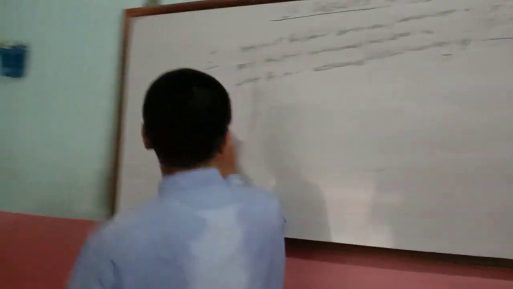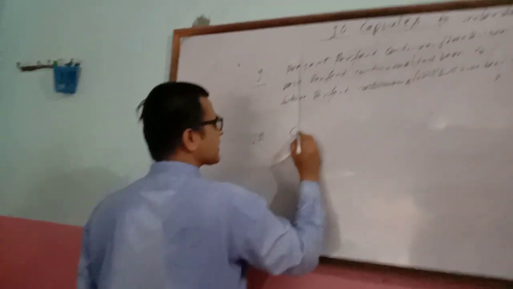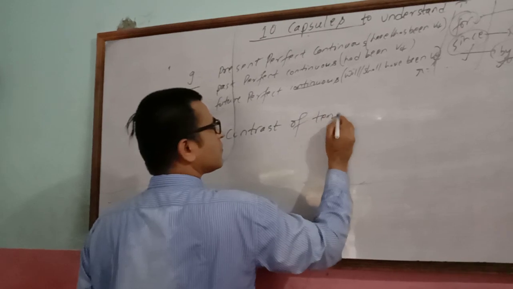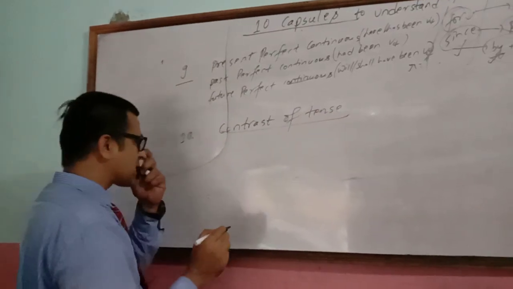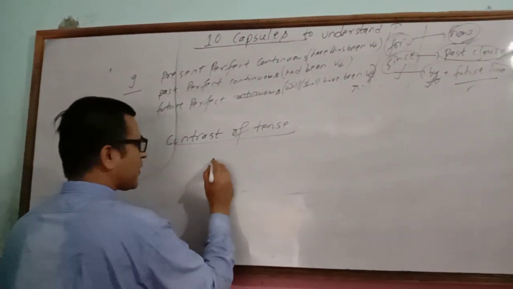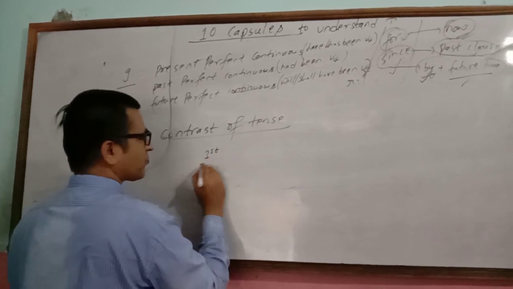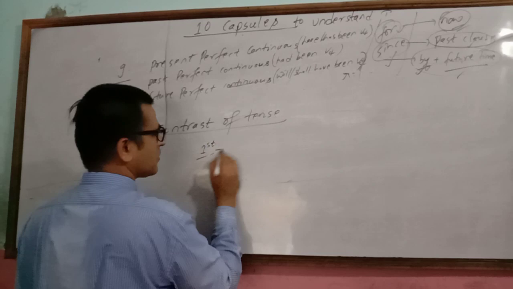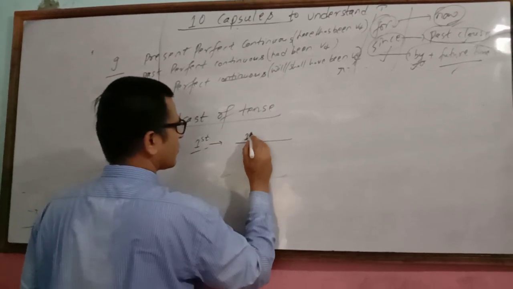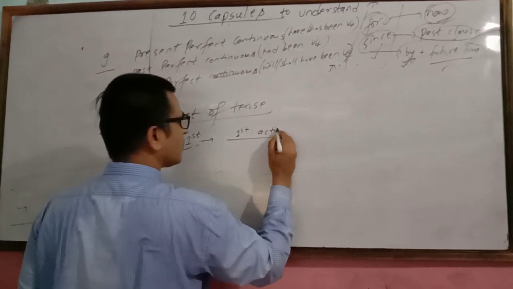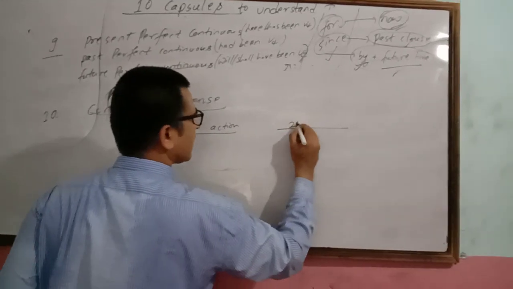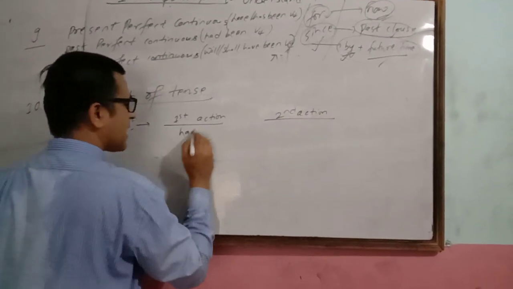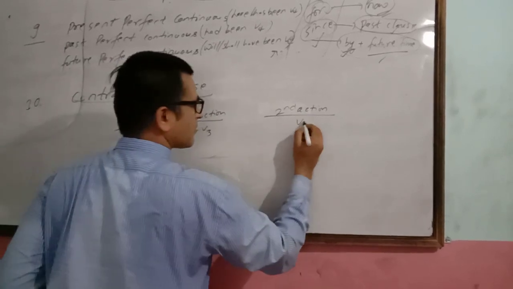Now last capsule, this is called the contrast of tense. Don't forget contrast of tense, very important thing. And we have 4 contrasts of tense. Let us see the first contrast. Number 1, first. First action, second action. First action had V3, second action V2.